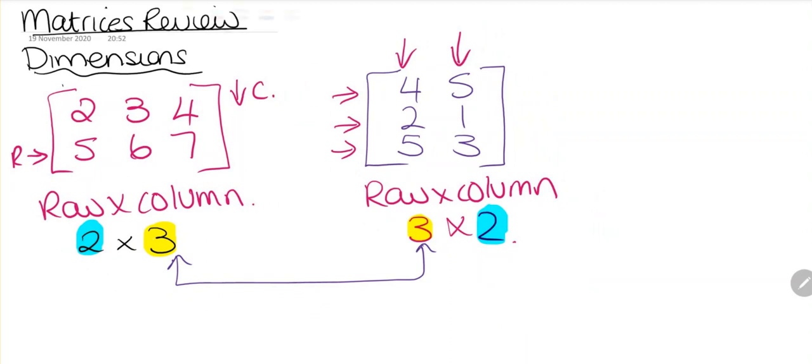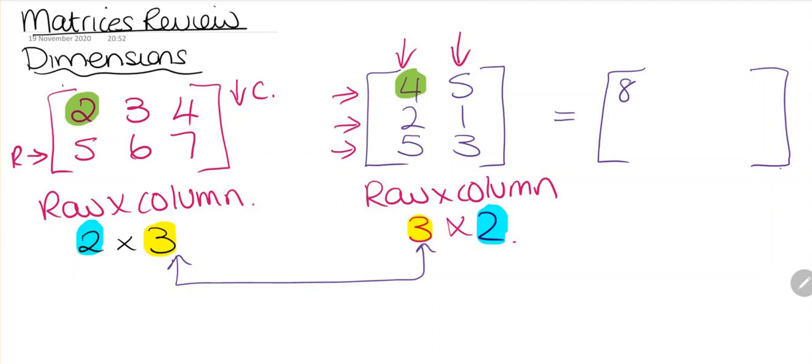So if I take, let's change our colors. I need to take my first number and my first number in this column. So this is going to be, I'm going to rewrite it. So 2 multiplied by 4, this is going to be 8.